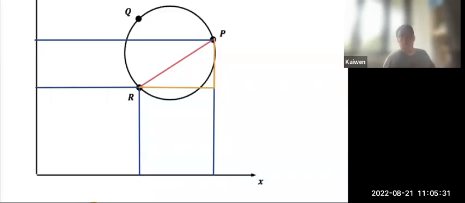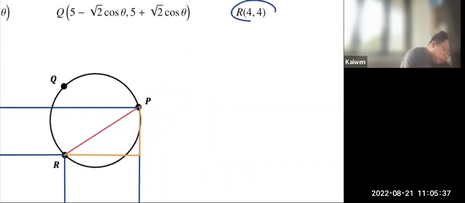In case you didn't know, let's recap a little bit of vectors at the same time. All of these coordinates down here are something like your position vectors. So for example, if they give you R(4, 4) like this, this is basically saying that you are 4 units away from the origin.